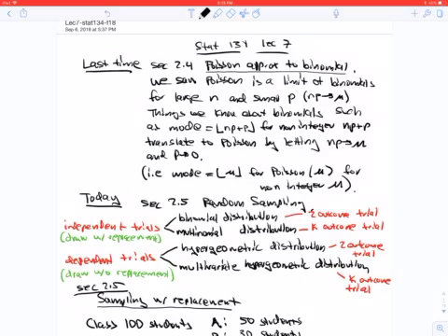Last time we covered Section 2.4, Poisson approximation to binomial, and we saw that Poisson is a limit of binomials for large n and small p as np goes to mu. This is important because we know a lot about binomials, and hence we inherit a lot of knowledge about the Poisson.